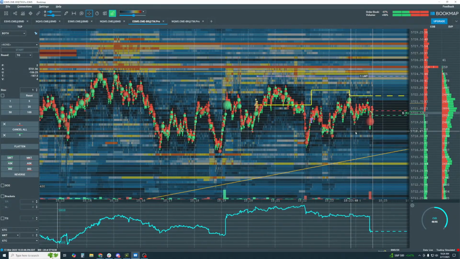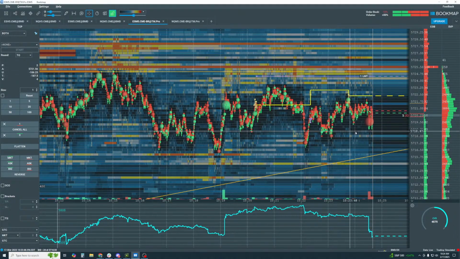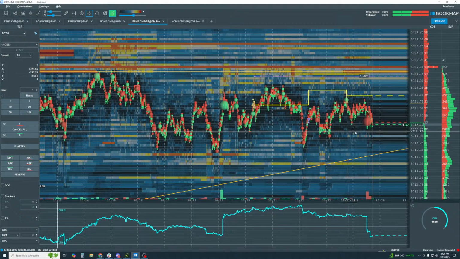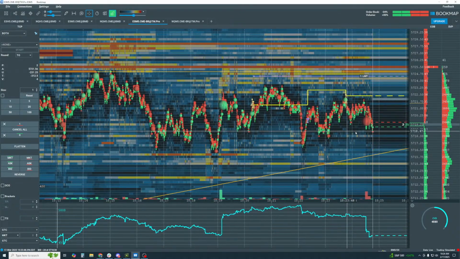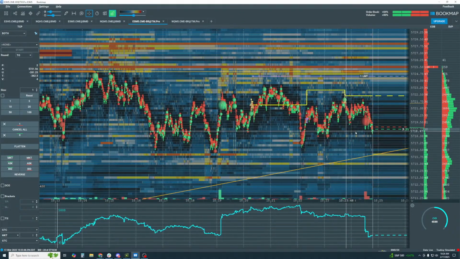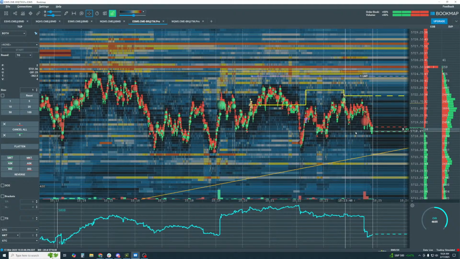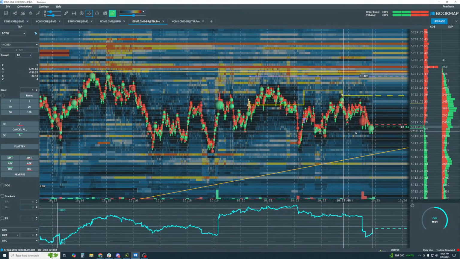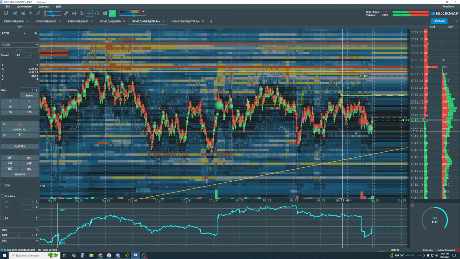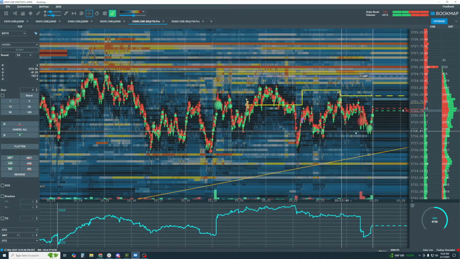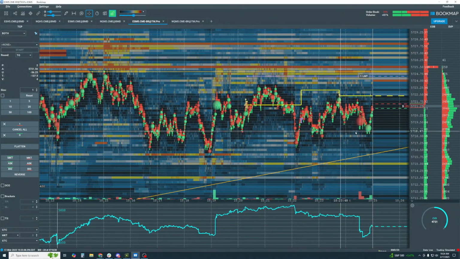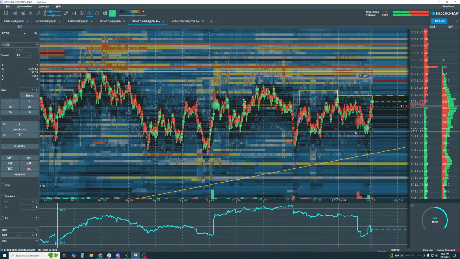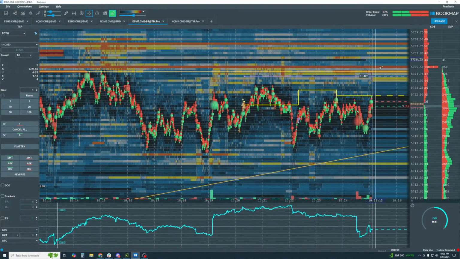It's still back and forth in here. Okay, retest back here.